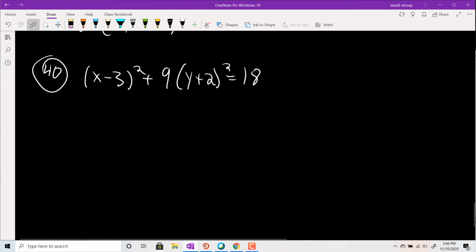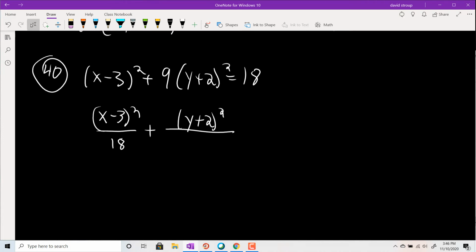So the first thing I'm going to do is divide everything out by 18, believe it or not. So I'll have x minus 3 squared over 18 plus 9 times y plus 2 squared over 18, which is the same as y plus 2 squared all over 2, and then that'll equal 1. Okay. So the center, you just read off of the formula, right? It'll be 3, negative 2.